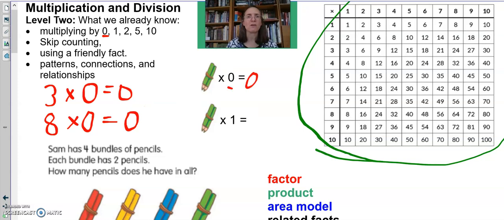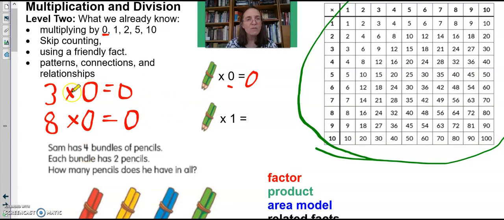When we are looking for our strongest strategies in math, we are looking for strategies based on patterns. And I am noticing that 3 times 0 is 0, and 8 times 0 is 0, and 2 times 0 is 0. In fact, boys and girls, any number you want to play with times 0 is 0.